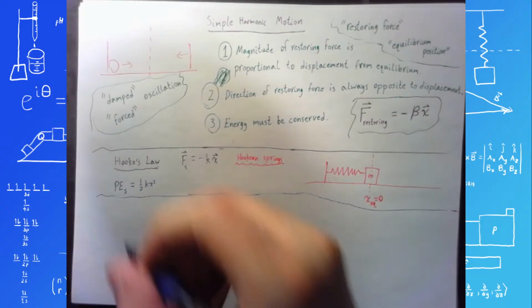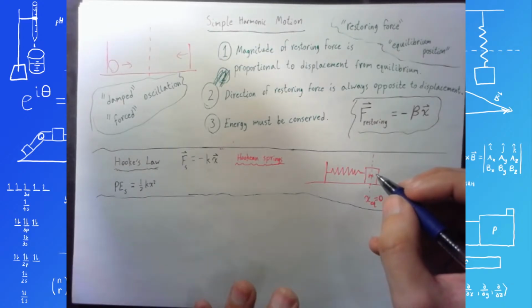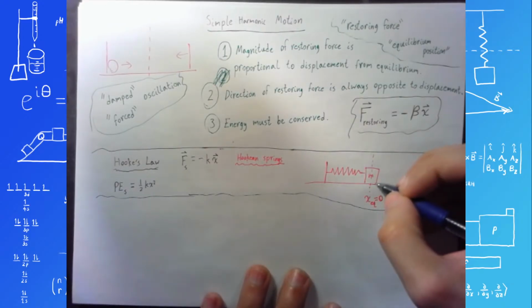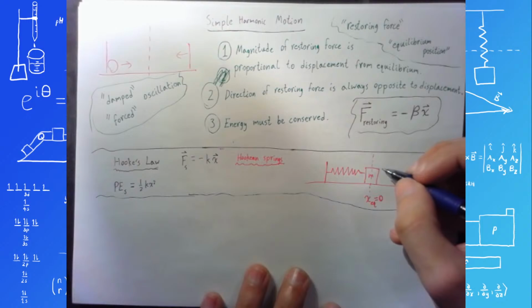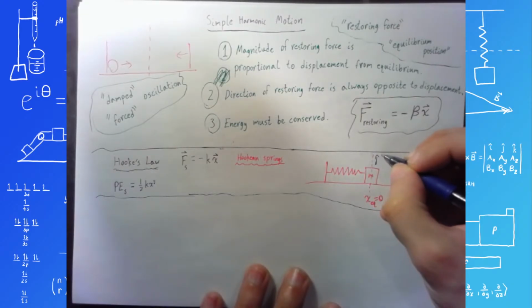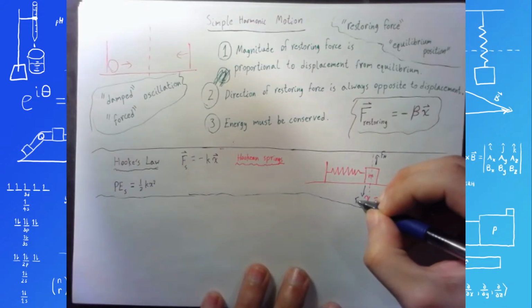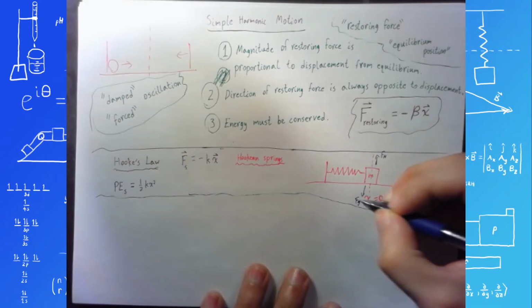Before that, though, two things. So, the equilibrium position over here, it's called the equilibrium position because it is where the net force on the object is zero. The only forces that would act on this object are, well, normal force, which cancels out with the gravitational force, so those don't come into play here.